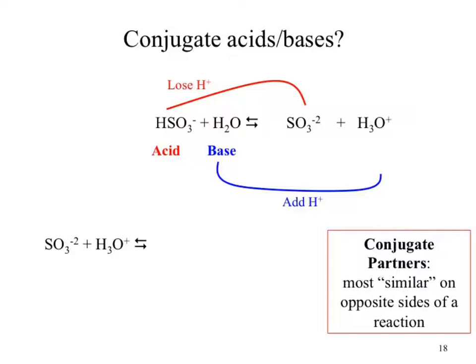What happens with SO3 2-? Can it act as an acid? Why not? No hydrogen, so it can't act as an acid, which means it will act as a base, which means H3O+ acts as an acid. The acid needs to lose H+. What happens to H3O+ if it loses H+?